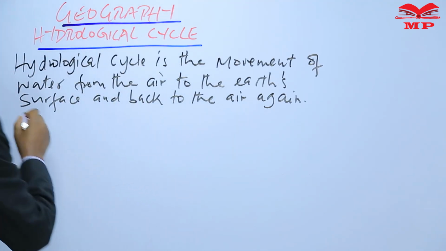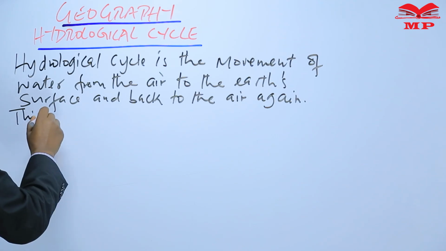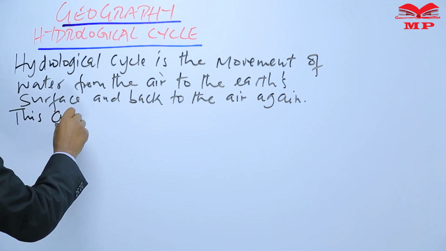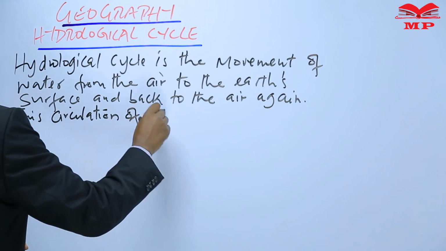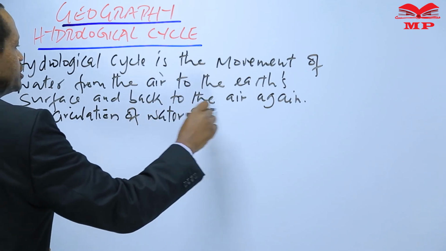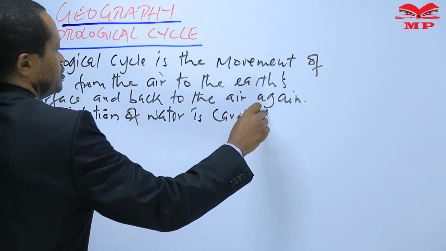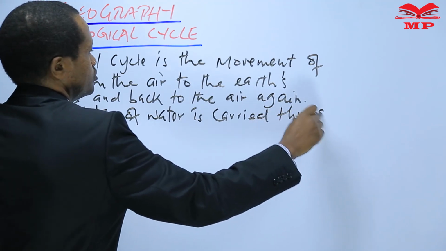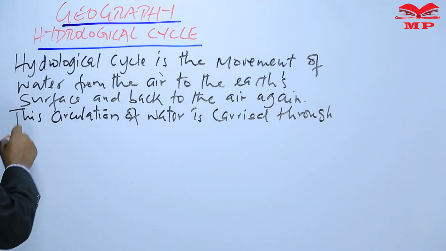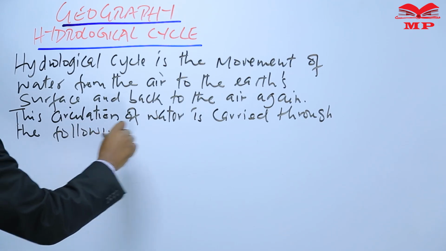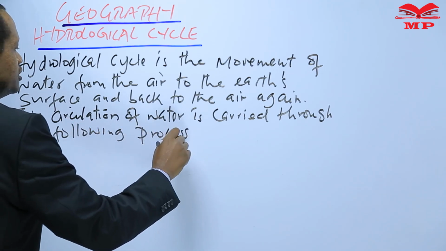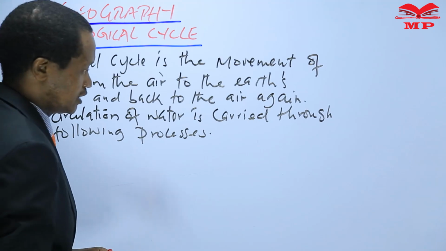This circulation of water is carried out through the following processes. This is what we learned in our last lesson.